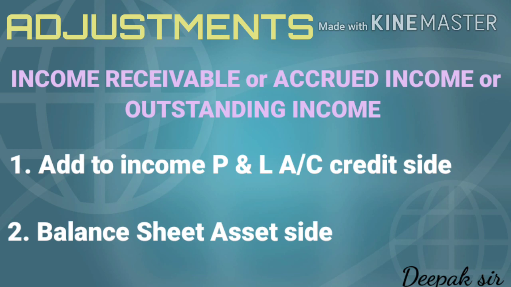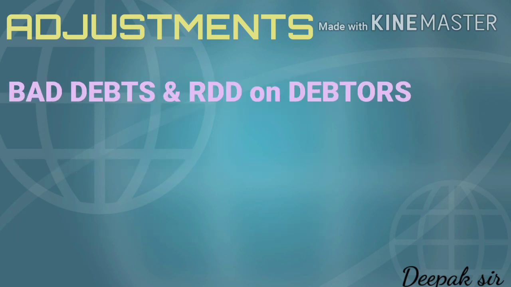Now the next adjustment is further bad debts and RDD on debtors. Now the bad debts and RDD which are given in the adjustment, these bad debts and RDD are new bad debts and new RDD. Now why we call it as new bad debts and new RDD?